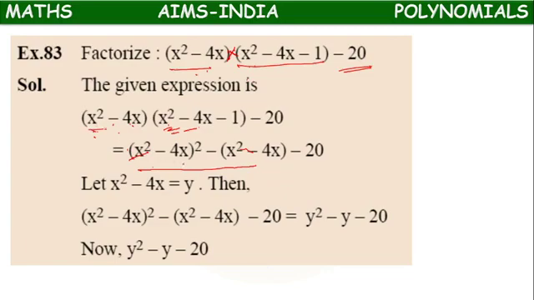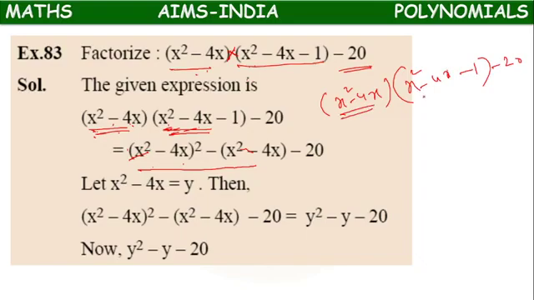With this x square minus 4x, they have multiplied x square minus 4x. So here x square minus 4x is there, and again one more bracket, x square minus 4x minus 1, minus 20 is there. So up to here they have multiplied.